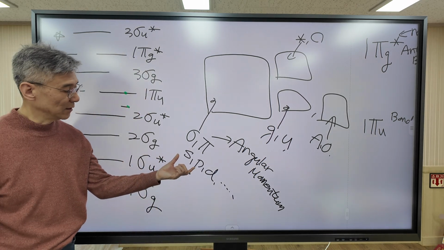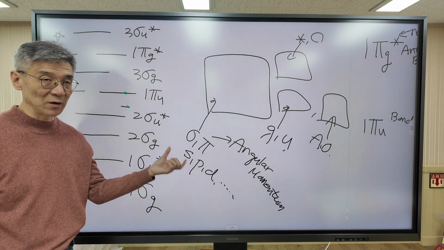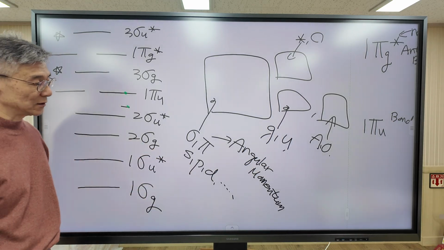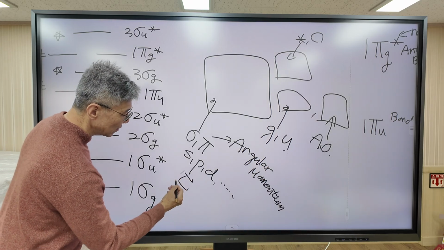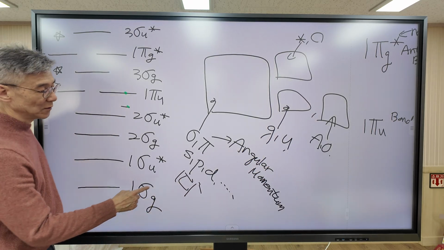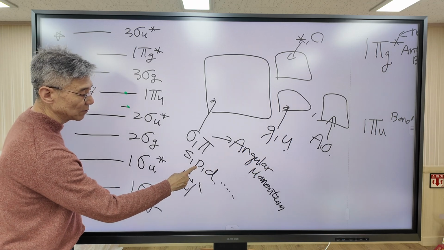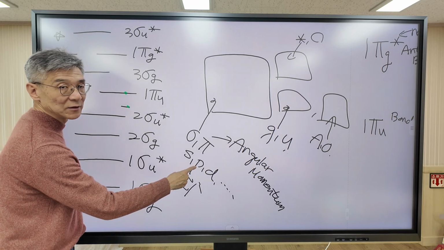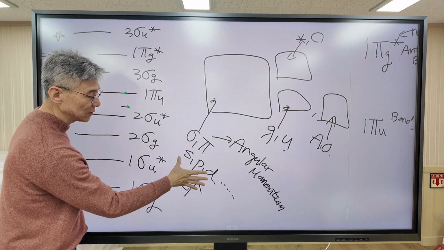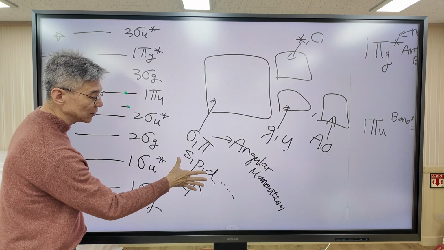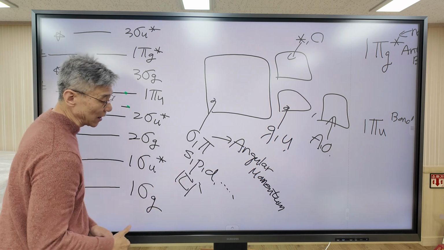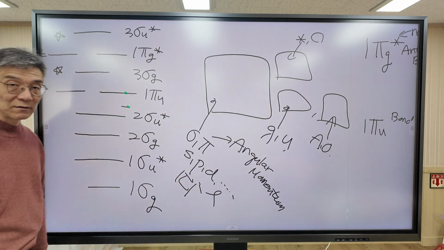These letters s, p, d are related to angular momentum. Specifically, these are related to the magnitude of angular momentum, right? For the p orbital, the angular momentum quantum number L is related. So in an atom, these letters are related to the magnitude of angular momentum because it is related to the quantum number L, right?